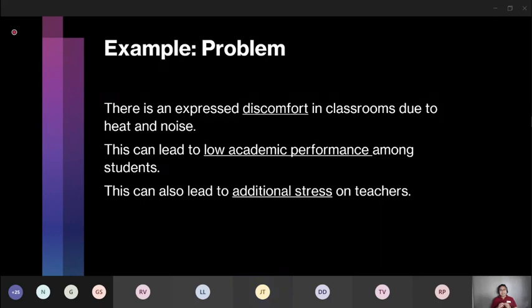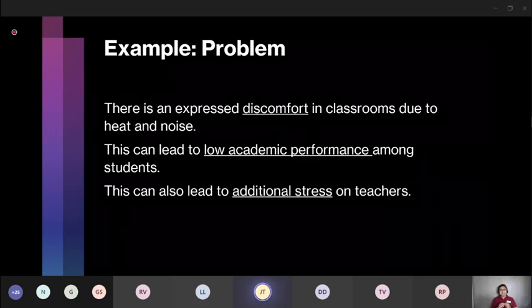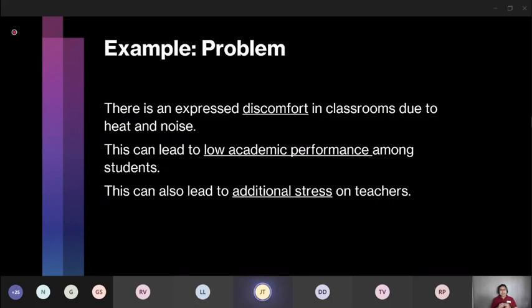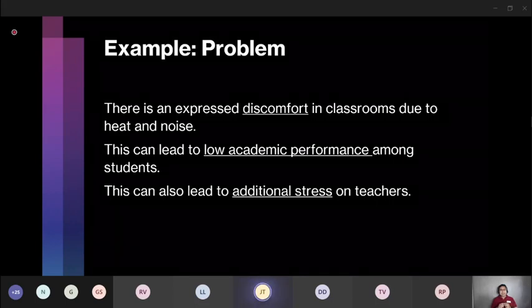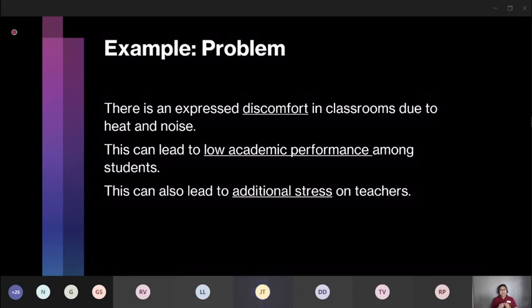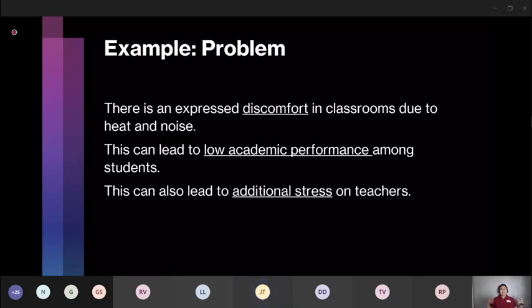Siguro po, sir, without proper ventilation or without adequate ventilation within the classroom, it could induce heat sa interior po ng classroom.